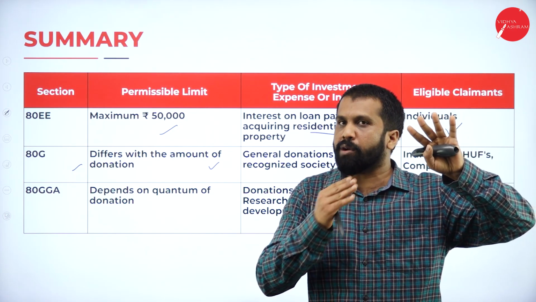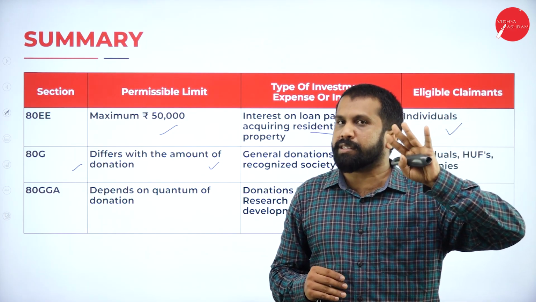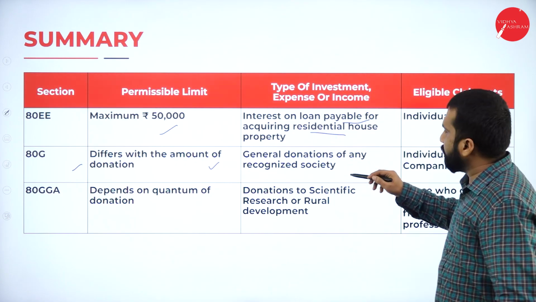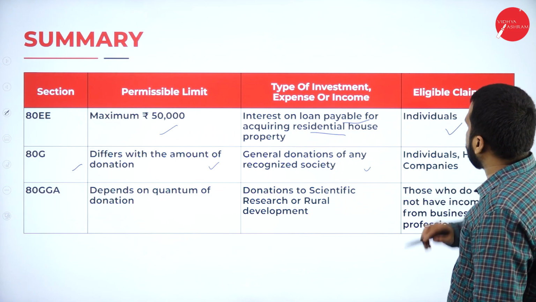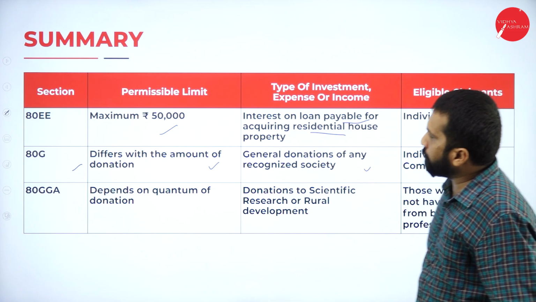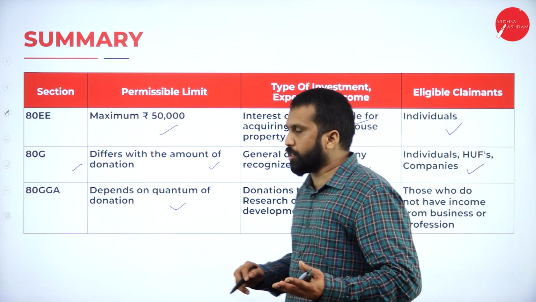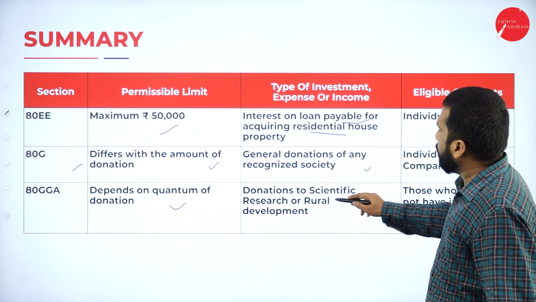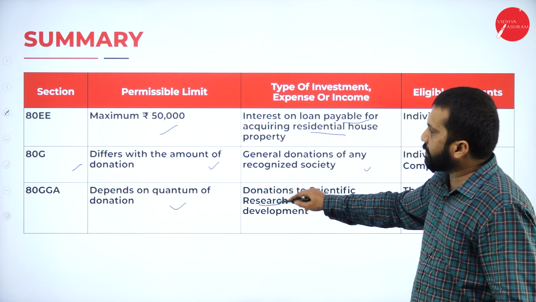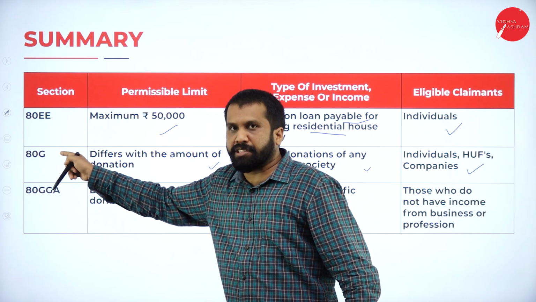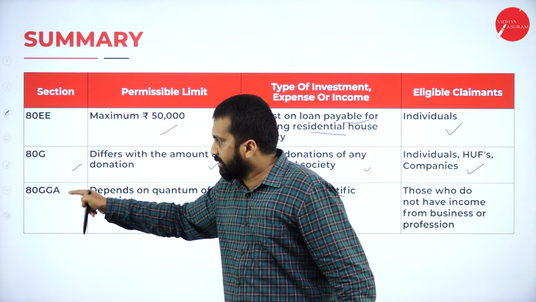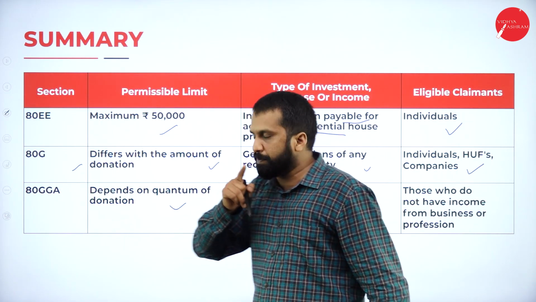Rest of the things, many things, come under the 100% slab. General donation to any recognized society comes under individual. 80GGA depends on the quantum of donation, and for donation in case of scientific research, we don't go for 80G, we go for 80GGA. Clear? Yes.